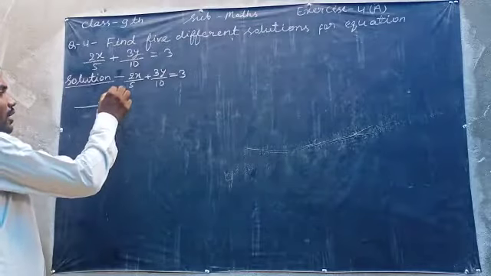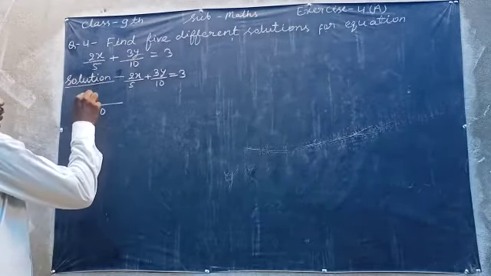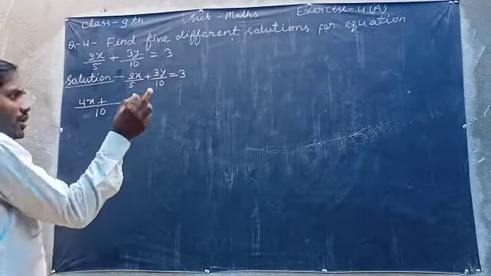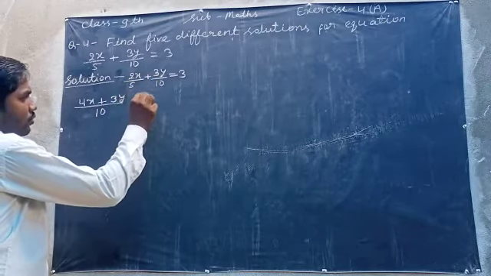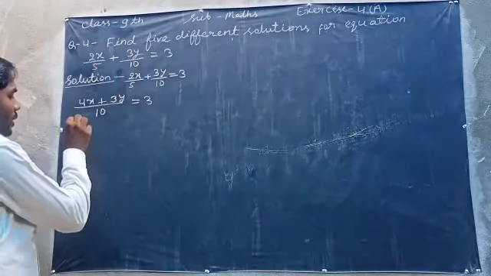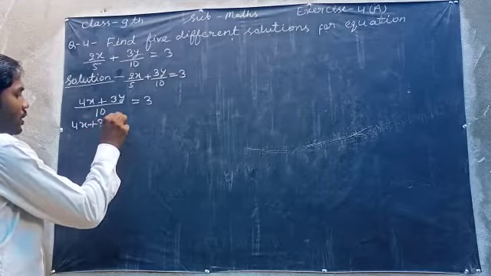When 10 is divided by 5 we get 2, so 2 into 2x is 4x. Plus 10 divided by 10 is 1, and 1 into 3y is 3y, is equal to 3. From here, when we do cross multiplication, we get 4x plus 3y is equal to 30.